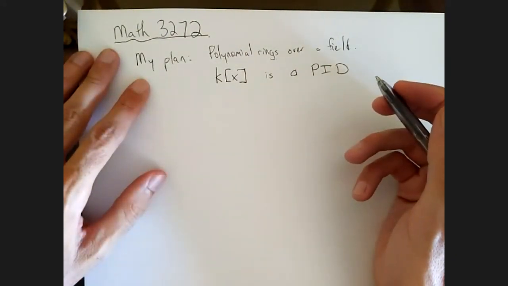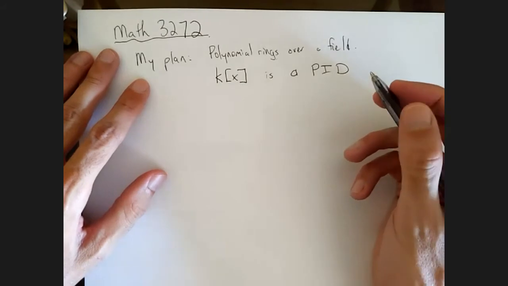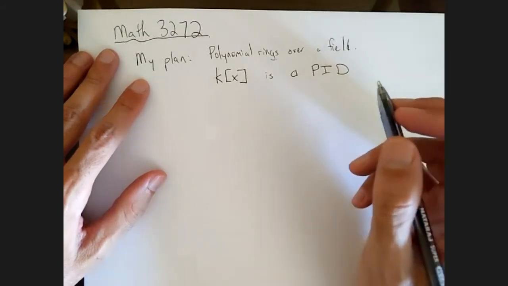Once we know that, we can talk about the difference between an irreducible polynomial and a prime ideal.